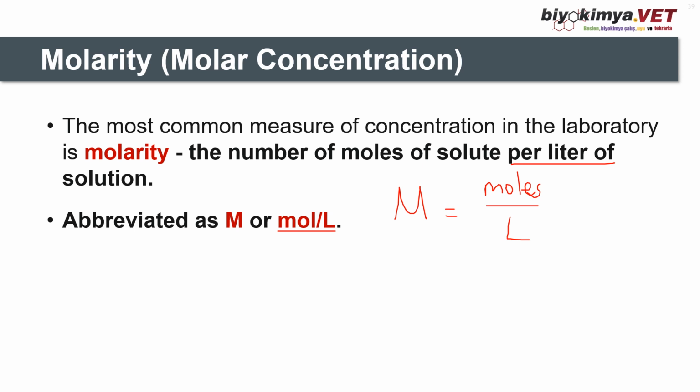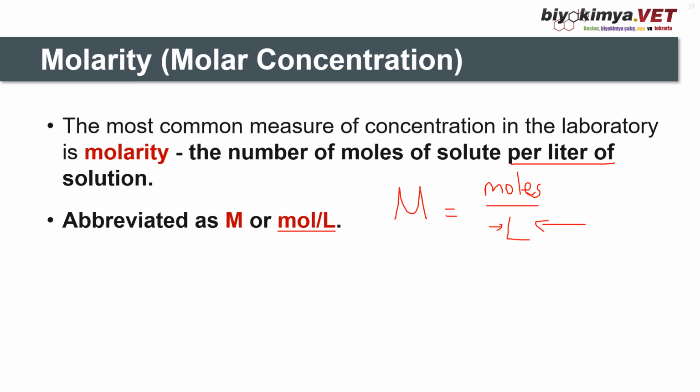So to prepare a molar solution, we need to get a volume of solvent by adding mass of element, and at the end we'll prepare a volume of solution. Don't forget, this is the volume of solution, not the volume of solvent.